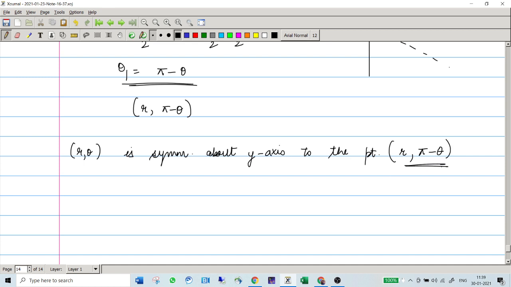So this is one of the representations. We'll do the alternate one, or you can even try to check what other representation of this point can be. I'm giving you that it is going to be minus r comma minus theta. You can just verify it by plotting them on the graph. So the point r comma theta is symmetric about the y-axis to the point r comma pi minus theta, or it could be minus r comma minus theta, right?